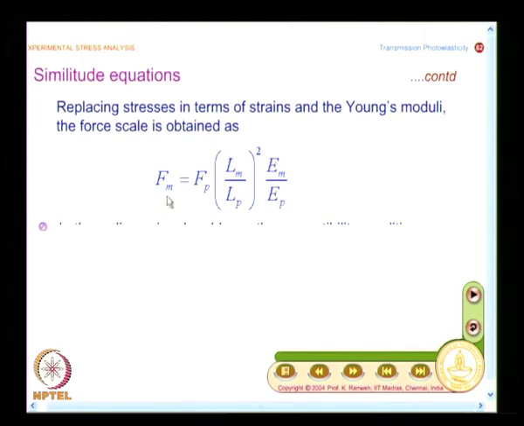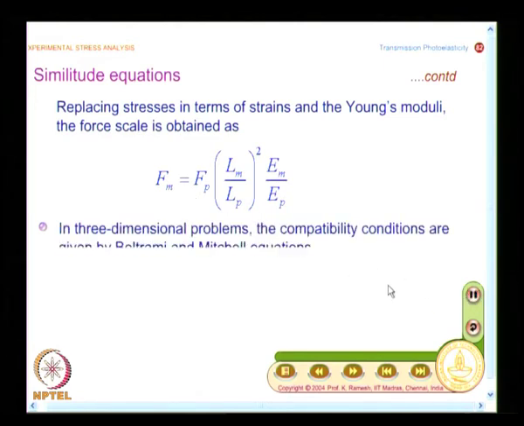So, that means Fm will be much smaller than the load that is coming on the prototype. With the strength of this equation, what we find is the model as well as the prototype, when they are loaded, will have similar values of strain as well as deformation. So, you do not want to have large deformation in the model, otherwise the equations are not valid.